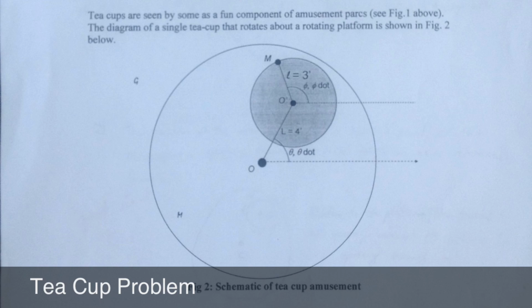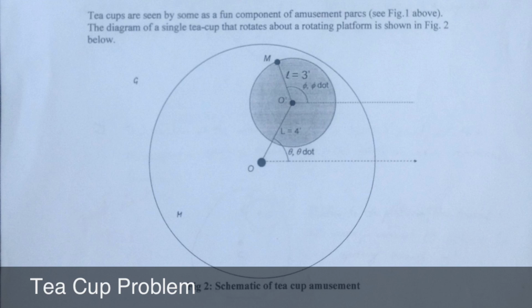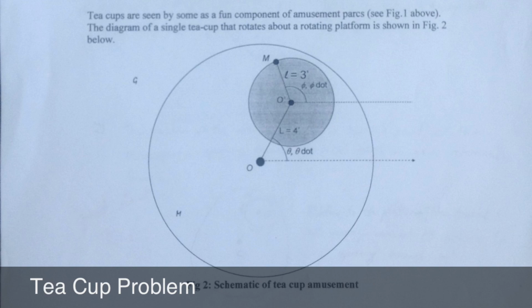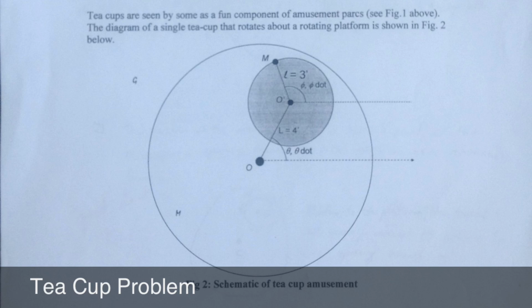So the center of curvature for the occupant with respect to the ground is going to be the origin of the platform. This is because the teacup is rotating at the same angular velocity relative to the ground that the platform is rotating. So from the reference point of the Earth, the teacup and the platform are not rotating relative to each other, and therefore the center of curvature for an occupant would in fact just be the origin.